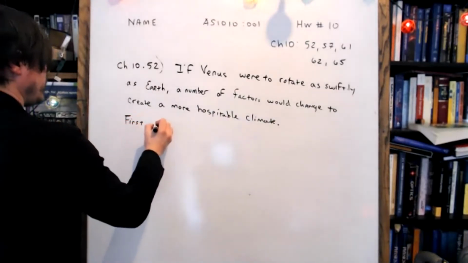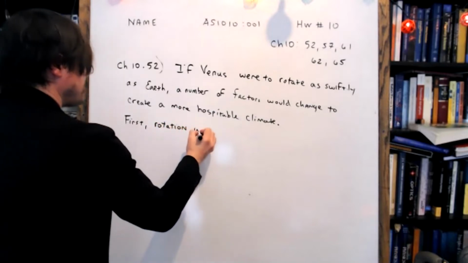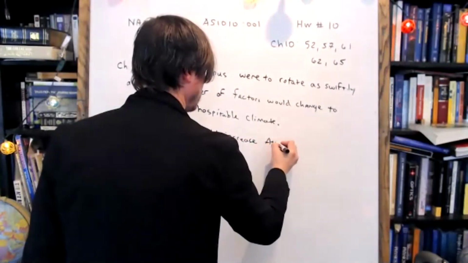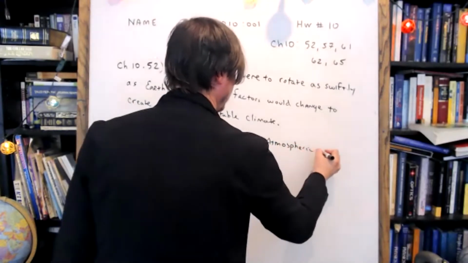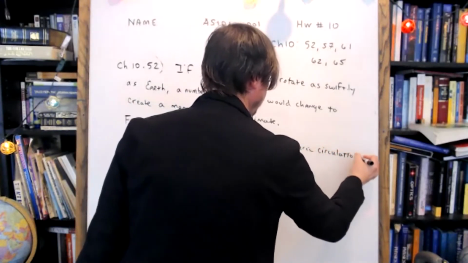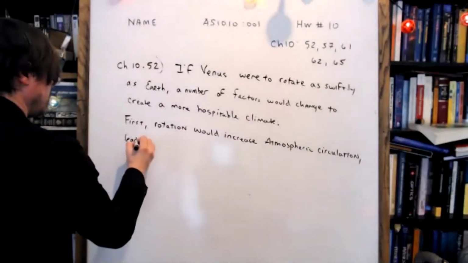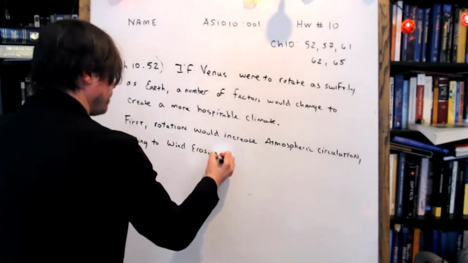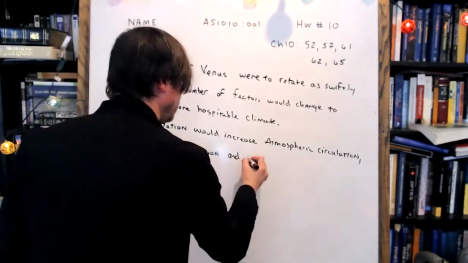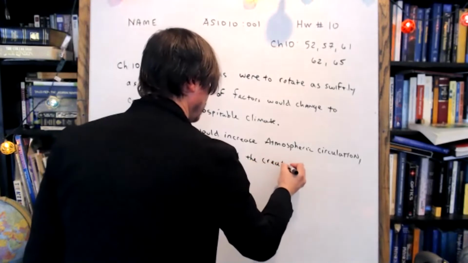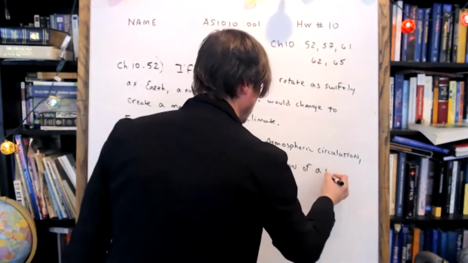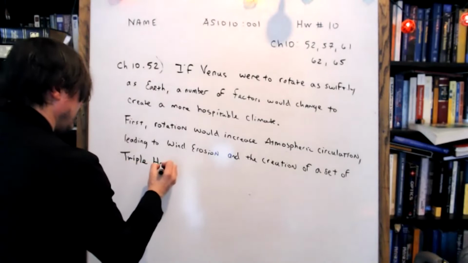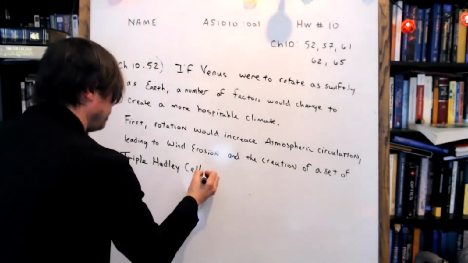First, rotation would increase atmospheric circulation, leading to wind erosion and the creation of a set of, here's a key concept, triple Hadley cells.